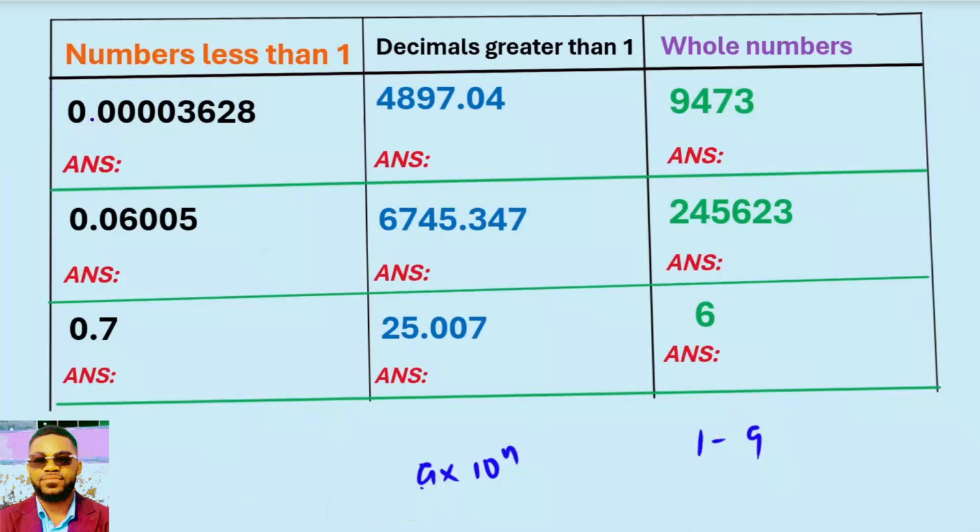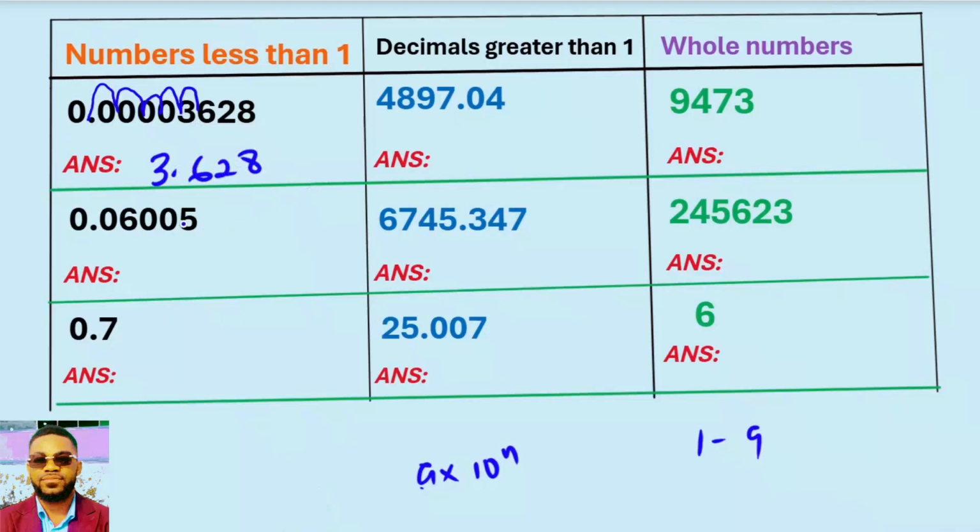So you're going to move the decimal point from here. Let me get it well. You're going to get 1, 2, 3, 4, 5. You have to land here, because when you land here, you'll be getting 3.628.